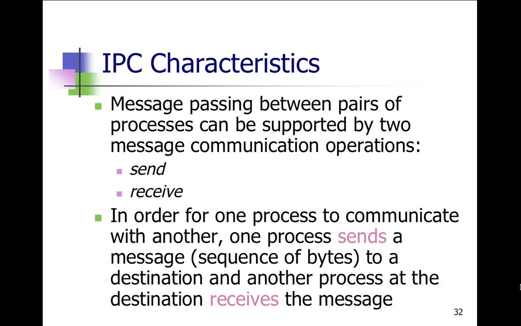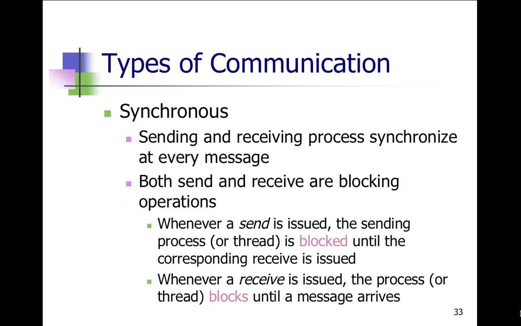And this reminds me of Unix actually, the sending and the receiving IPC, which is the basis actually, if you think about it. In terms of the concept, Unix, the entire internet is Unix, so it's all IPC. So in order for one process to communicate with another, one process sends a message of sequence of bytes, and then the other process or the destination receives it.